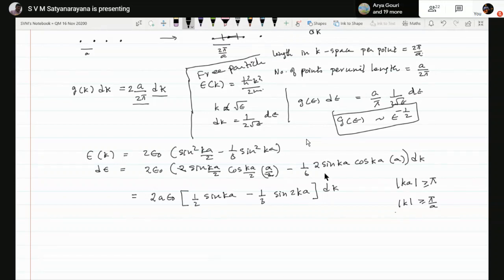This is outside the first Brillouin zone. You can see that your Brillouin zone is from minus pi by A to plus pi by A, your first Brillouin zone. K is outside.